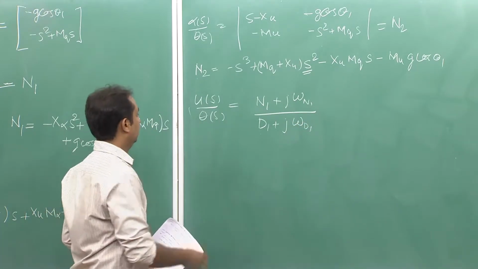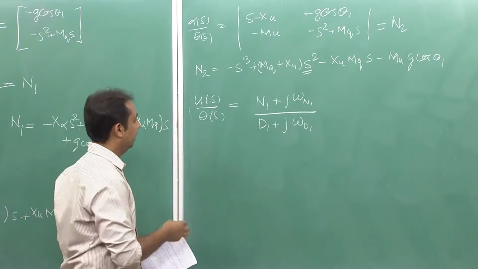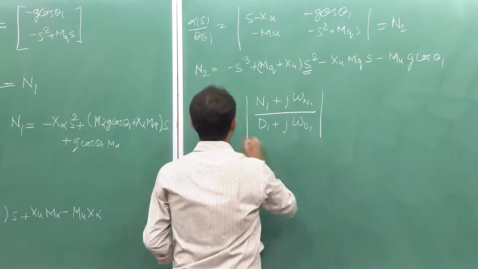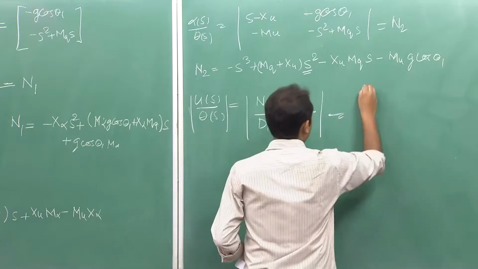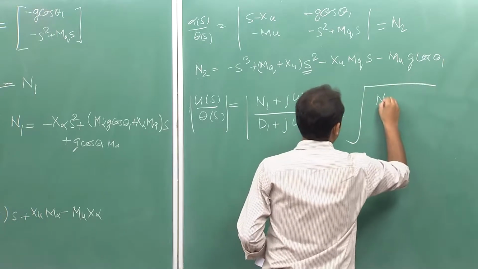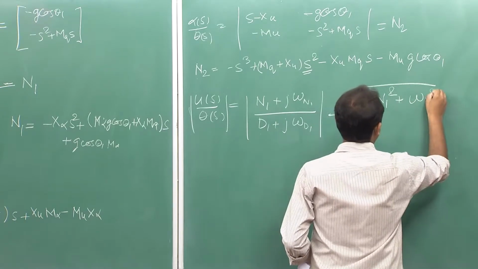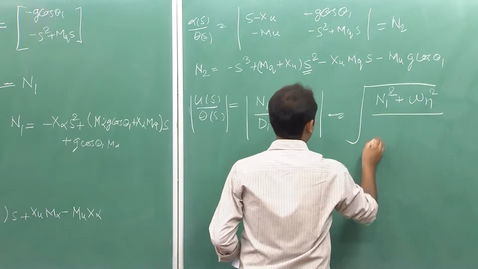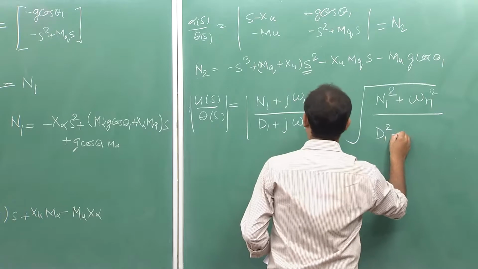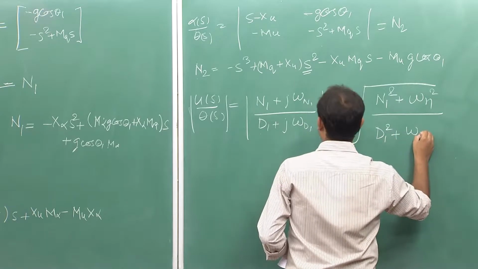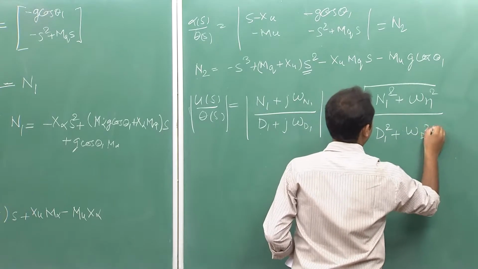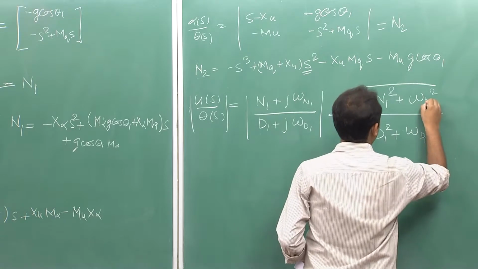So, the magnitude of this will be equal to root under n1 square plus omega n1 square divided by d1 square plus omega d1 square.